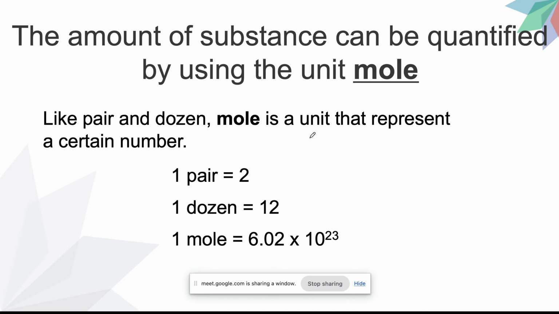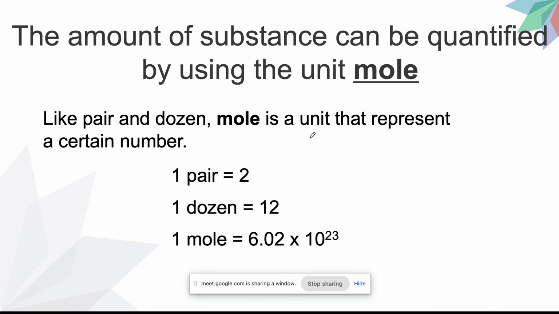Like you say 1 pair is 2, 1 dozen is 12, 1 mole will be 6.02 times 10 to the power of 23. This number is called Avogadro's number. It's the number of particles in 1 mole.